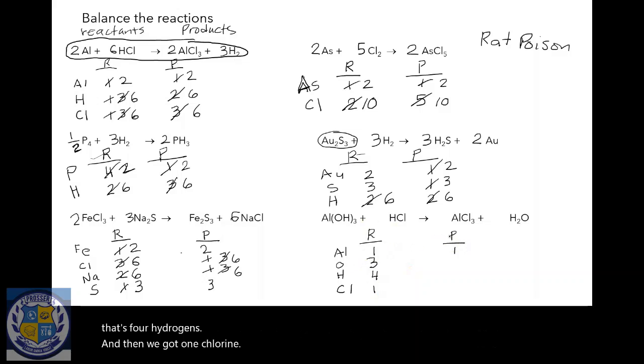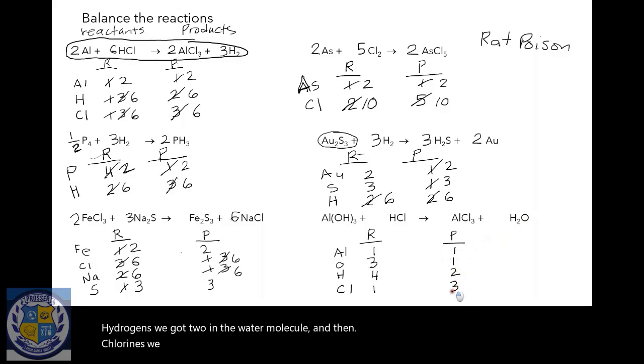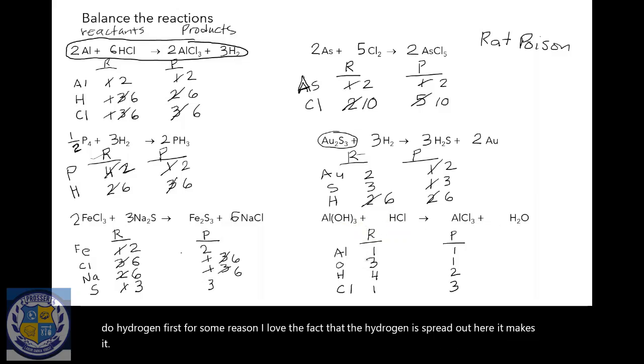Okay, oxygen's on the right. We've got 1 oxygen in that water molecule. Hydrogens, we got 2 in the water molecule. And then chlorines, we got 3 in the aluminum chloride formula unit. Okay, I always like to do hydrogen first for some reason, although the fact that the hydrogen is spread out here makes it more difficult.